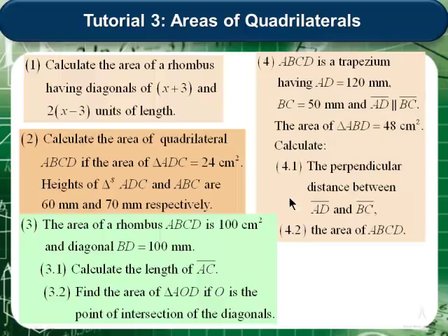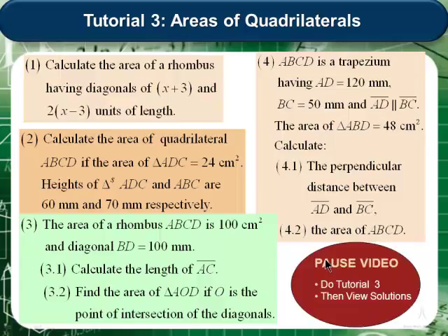And in the fourth problem, it's given that ABCD is a parallelogram having AD equal to 120 millimeters and BC 50 millimeters, and a line segment AD parallel to line segment BC, and the area of triangle ABD is 48 square centimeters. You need to calculate the perpendicular distance between the two parallel lines as well as the area of the trapezium. I suggest that you pause the video, do tutorial 3, and then come back and view possible solutions.